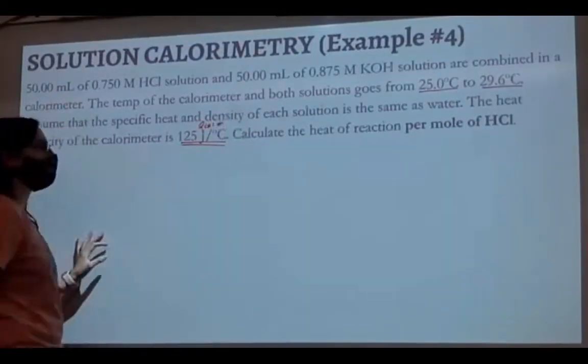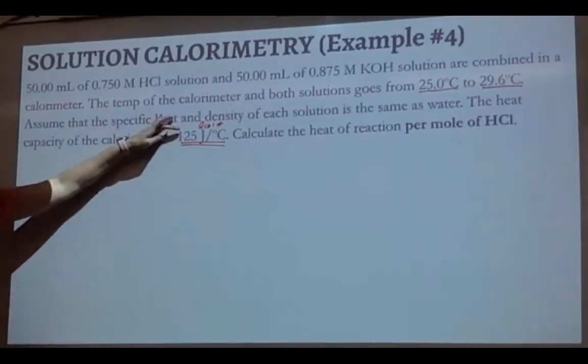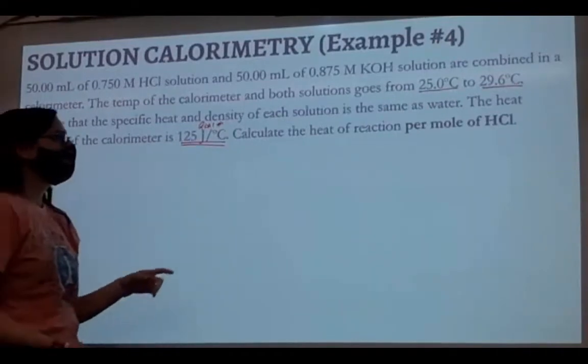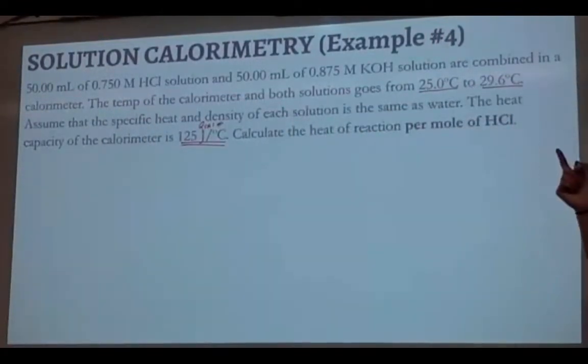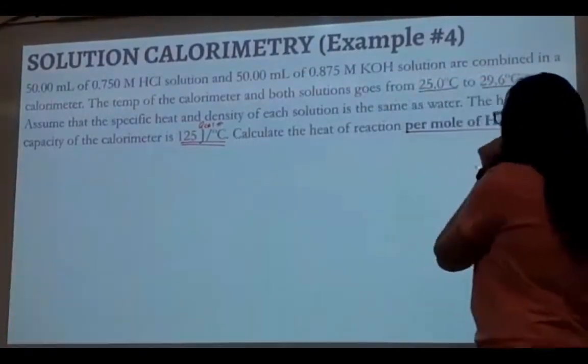I'm just going to put a star. This is not Q cal, but this is telling me I have to take into account the heat from the calorimeter as well. Calculate the heat of reaction per mole of HCl. I want you to change that in your notes. Yours says per mole of water. Change it to say per mole of HCl.